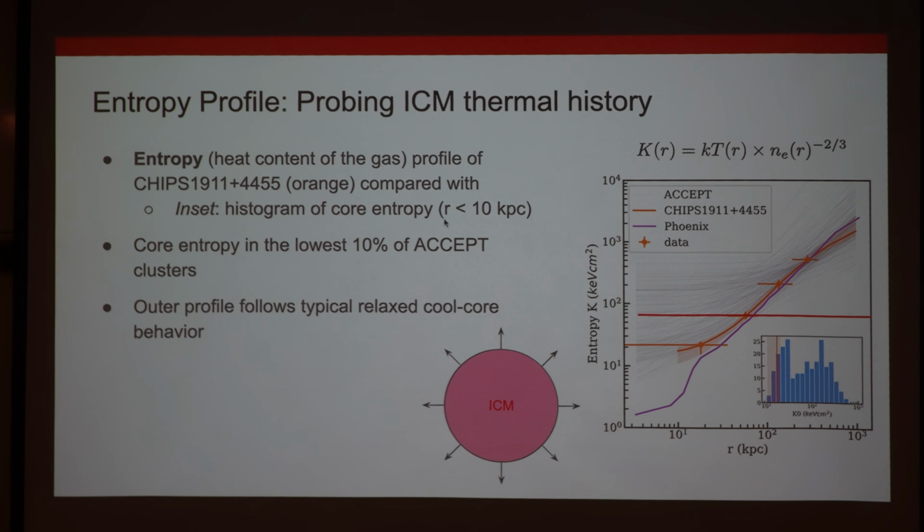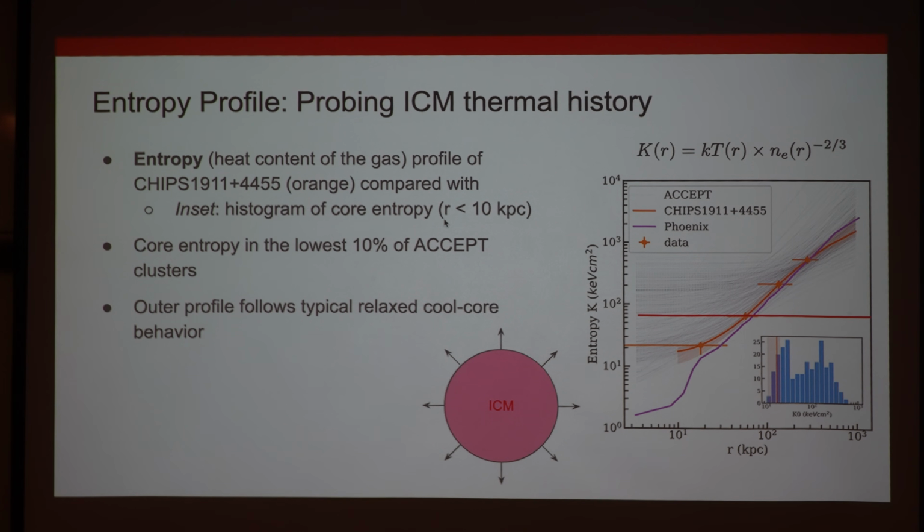The second profile that I want to talk about is the entropy profile. Technically it's not entropy in the sense of statistical mechanics, so in the paper we call it a pseudo entropy, but I'm just going to call it entropy because saying pseudo entropy forever takes a lot of time.